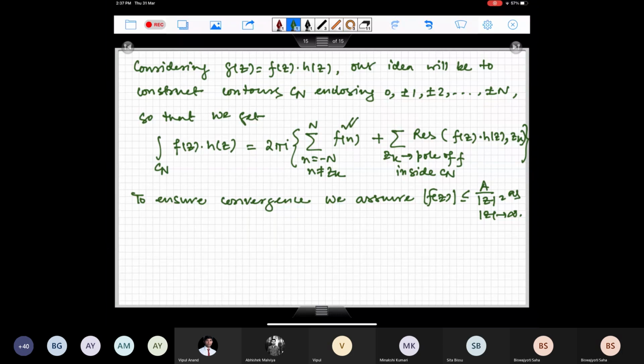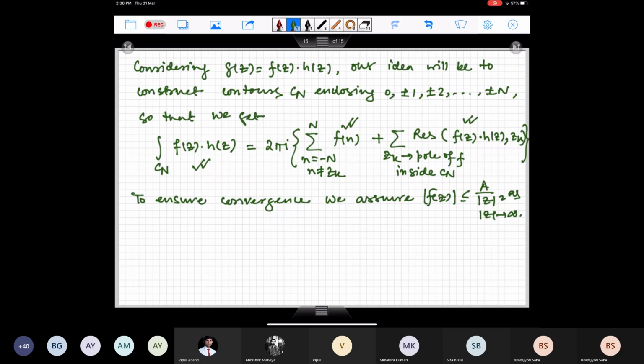There are already certain residues over here which are extra, which I have to calculate. I have applied the Cauchy residue theorem. If I also have to calculate this, then there are too many unknowns which I have to play with. So the idea would be to find a contour that encloses 0, plus or minus 1, plus or minus 2, and all of that.